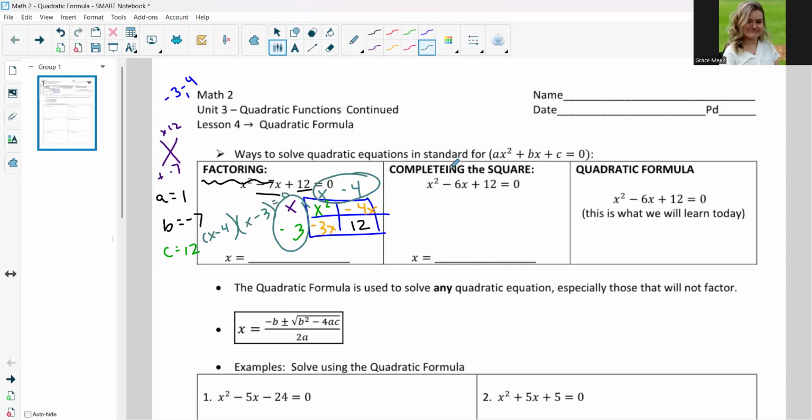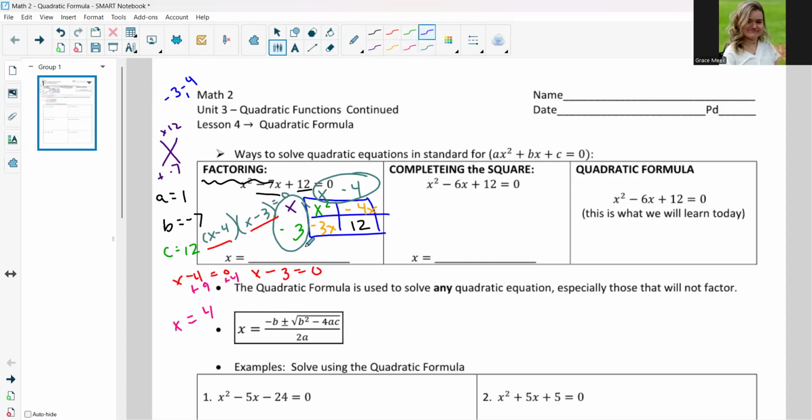equals 0. Then because the product equals 0, I can set each individual piece equal to 0. So you would have x minus 4 equals 0, and then x minus 3 equals 0. If I add 4 to both sides, I get x equals 4.